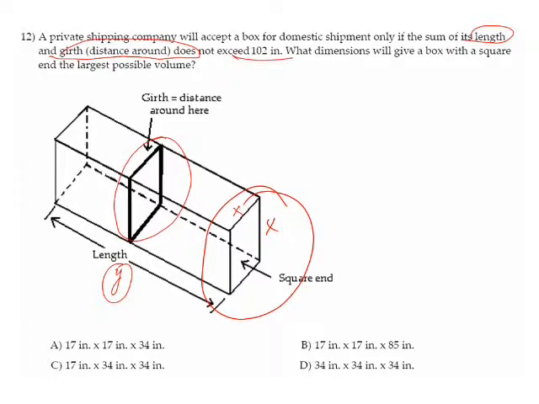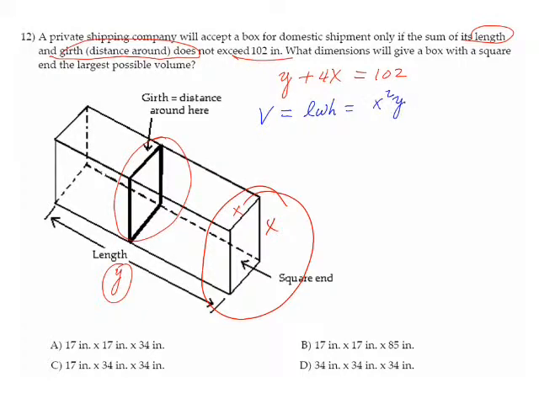So right away, we can say that the length of this box plus the distance around, which would be 4x, is going to equal 102 inches. In other words, it could be less than 102, but to get the maximum volume, you'd like to let it be 102. And to get the maximum volume, we then need to maximize V, which would be the length times the width times the height, and that would be x squared times y.